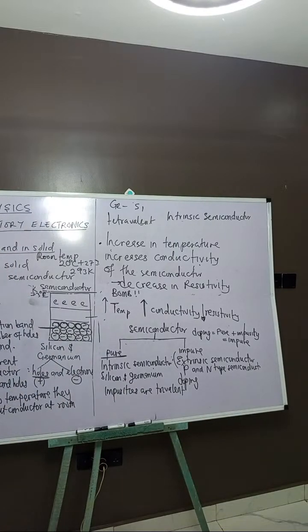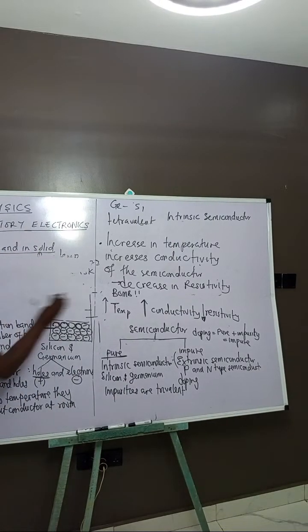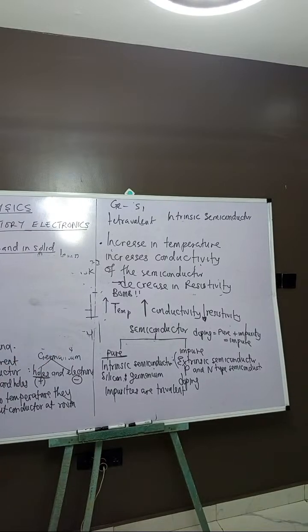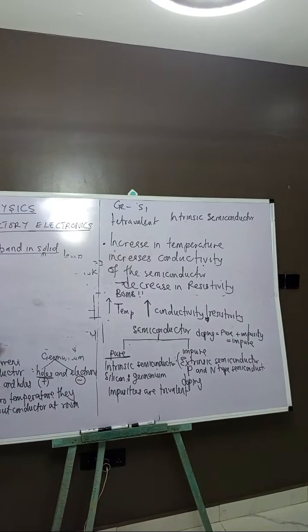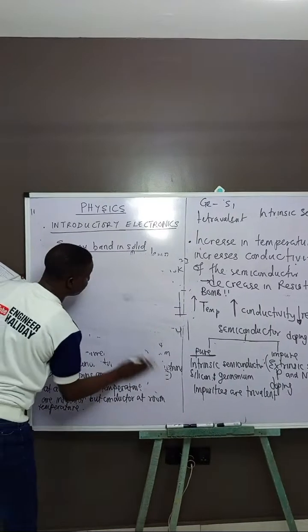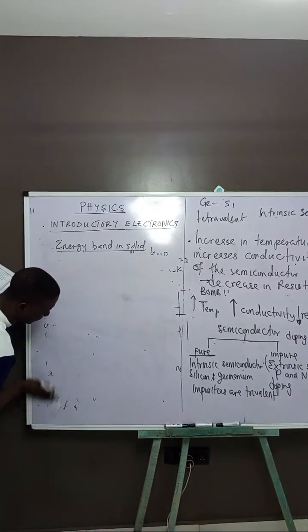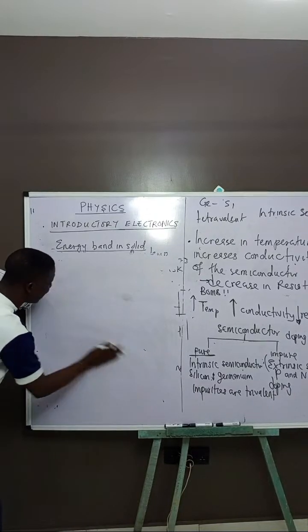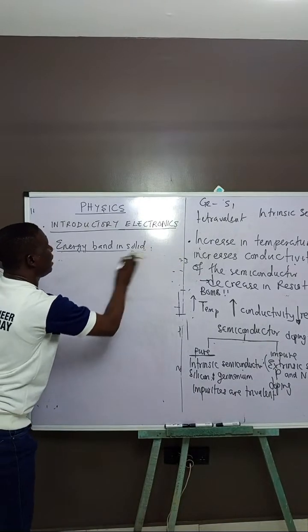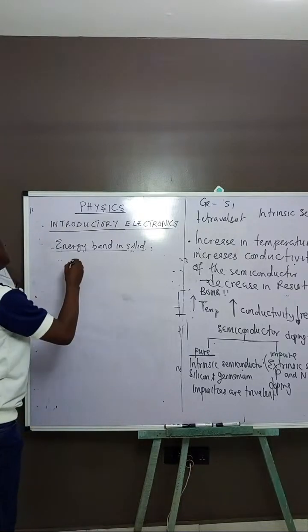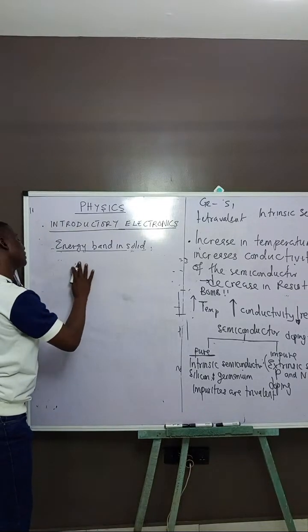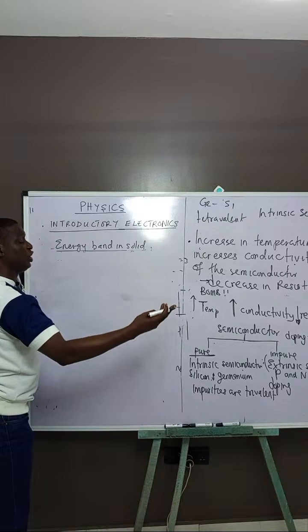Impurities are trivalent and pentavalent. So when we want to achieve an impure semiconductor, just add a trivalent element. What are trivalent elements? Elements with three electrons in the outer shell, like Group 3 elements. We have hydrogen, helium, lithium.